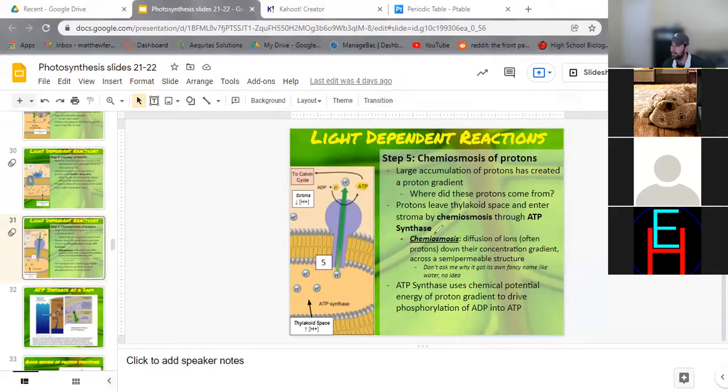The idea here, though, is that chemiosmosis is the process that we see here in step 5. This is chemiosmosis. However, chemiosmosis, as I said, is a form of passive transport, a type of passive transport. I'm curious if we can recognize what type of passive transport it's a type of.